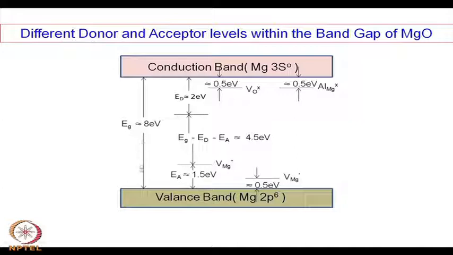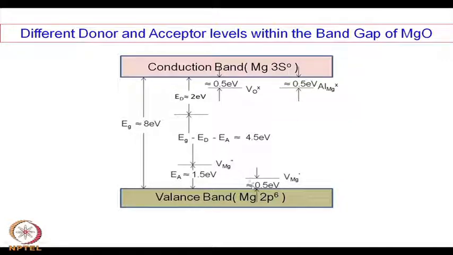Now, the total band gap is of the order of about 8 electron volts, and as per definition this is an insulator. However, if some point defects are created, for example, a singly charged magnesium vacancy or a doubly charged magnesium vacancy, it will act as an acceptor.